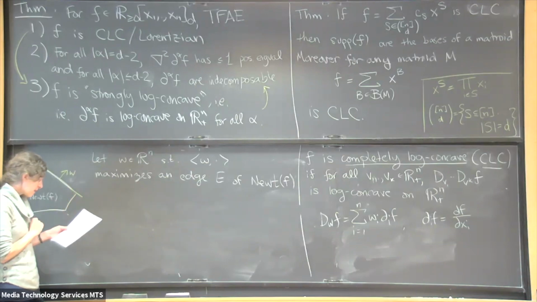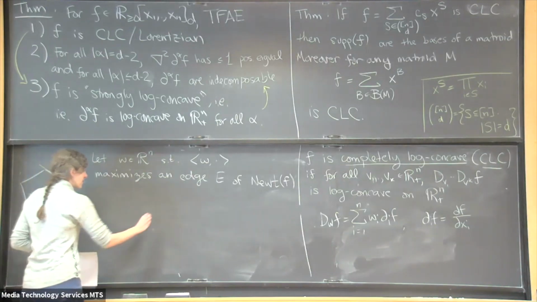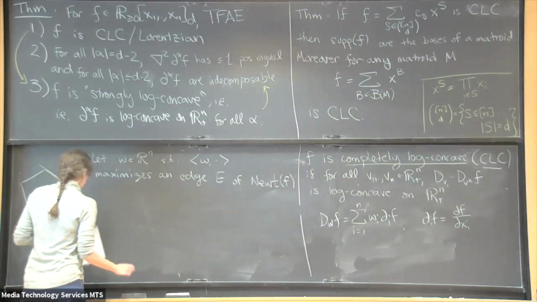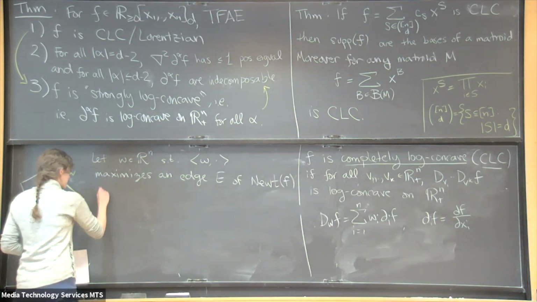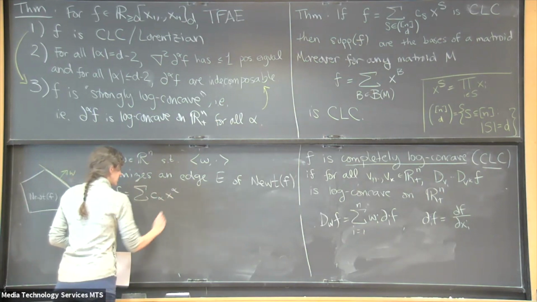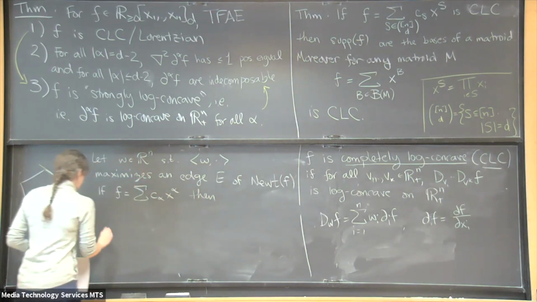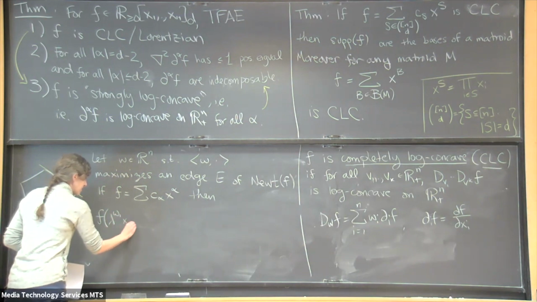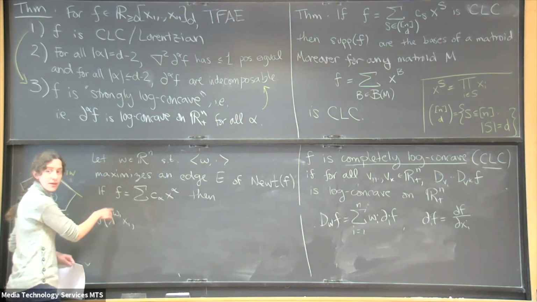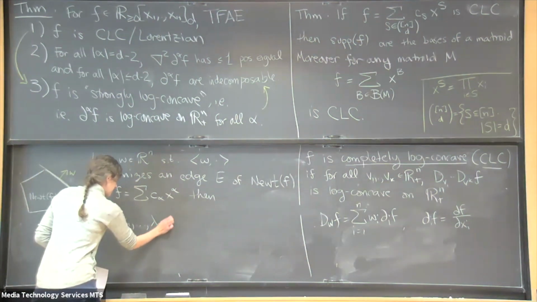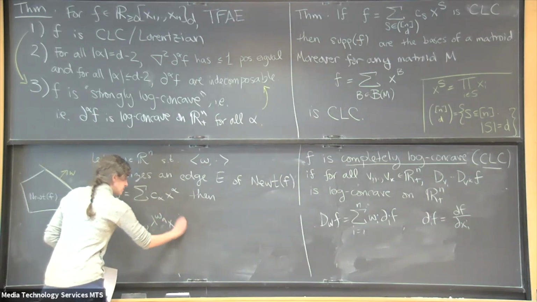And then let's think about what happens. If I write f as a sum of c alpha x to the alpha, then let's think about what happens when I pick some parameter lambda, and I scale the ith coordinate by lambda to the w sub i, for each coordinate up to xn.